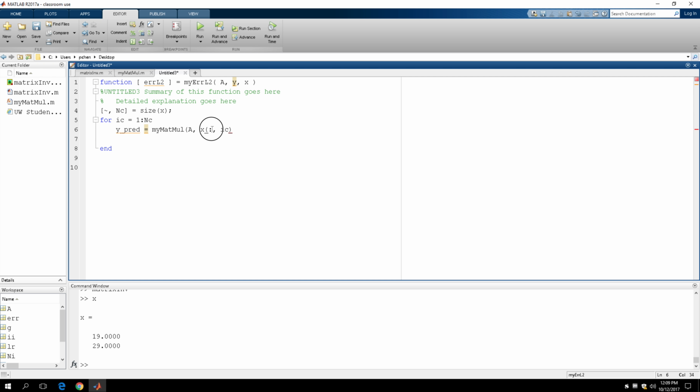So this colon actually means, we looked at how to use the colon operator before when we were dealing with vectors and matrices, how to extract those elements out of vectors and matrices, right? But when we used the colon operator before, we always had something in front and something behind.